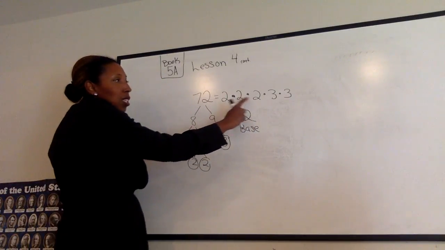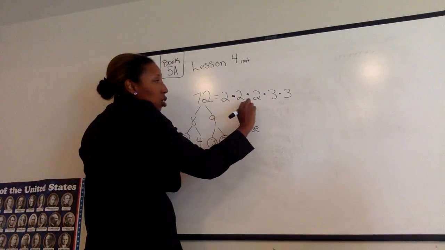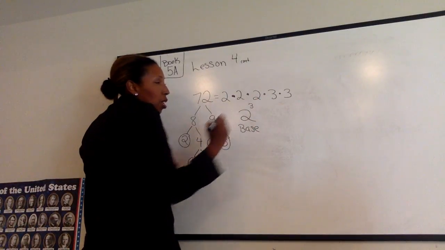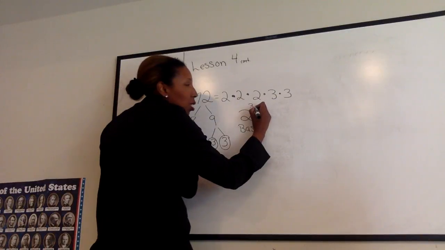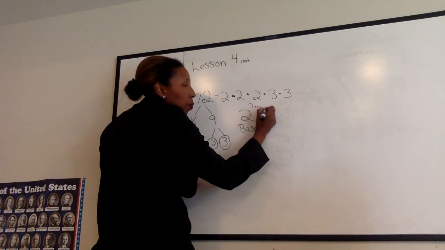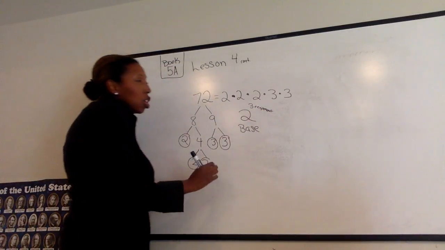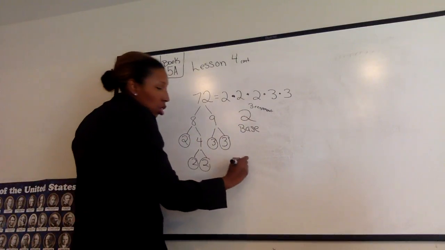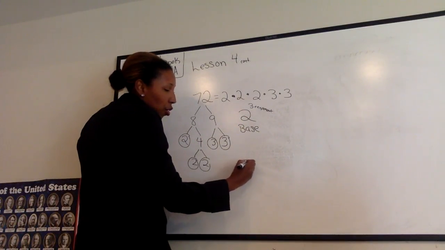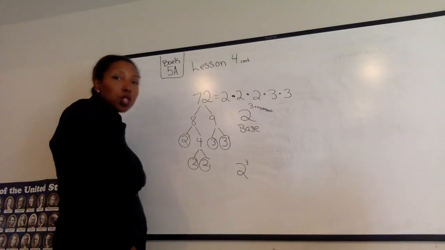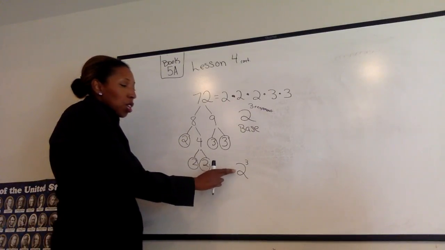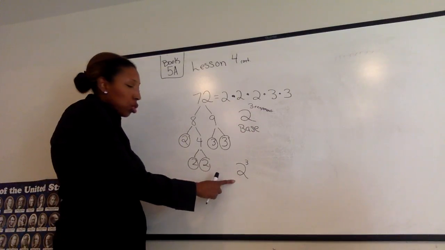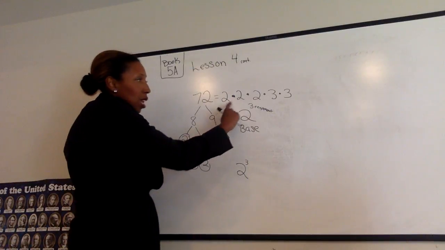And how many times do I see the number 2? 1, 2, 3 times. So you put 3 here. That 3 is the exponent. So whenever we see 2, and we can say to the third power, we could say 2 cubed. We know that whenever we do it, we're going to do 2 three different times.